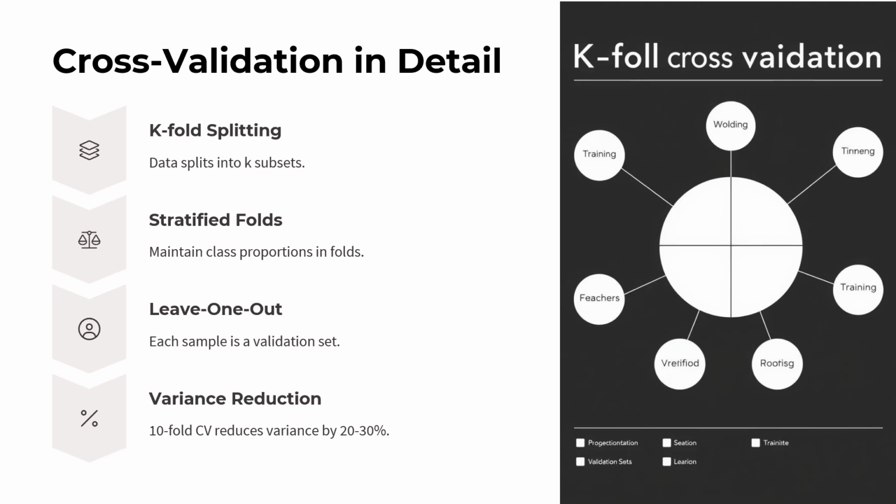For extra precision, we can do leave-one-out, where we test one point at a time, but it's very slow. The main advantage of all this is that we reduce variance and get a much more stable estimate of how well our model will do in the real world.